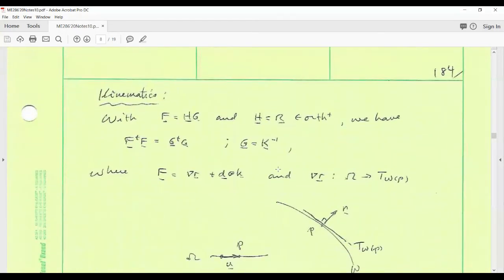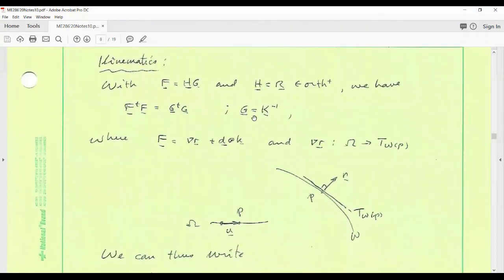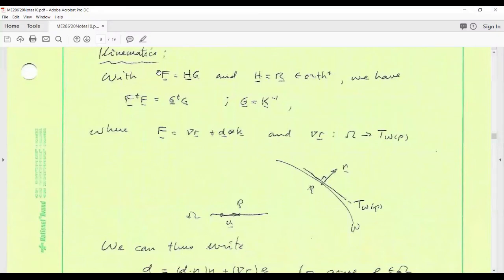Okay, so let's see what we can do in the remaining few minutes. Let's have a look at the kinematics that we've set up. We have a midplane deformation, we have the d field through thickness derivative, g, and so on. Let's see what we can say about those. Here's our decomposition of F, elastic and plastic parts.